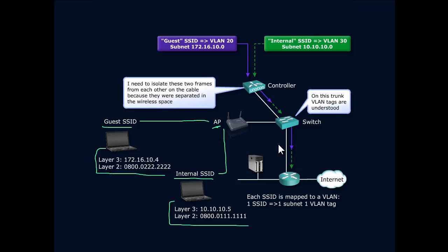When we get to the switch, I don't want to have two separate access points connected to two separate switches connected to two separate interfaces of a router, right? That's too much work. So I'm going to use VLANs. That's what virtualizes it in the switch world. So on the switch, we're going to have VLAN IDs that are going to be associated with the same subnets that internal and guest are associated with.